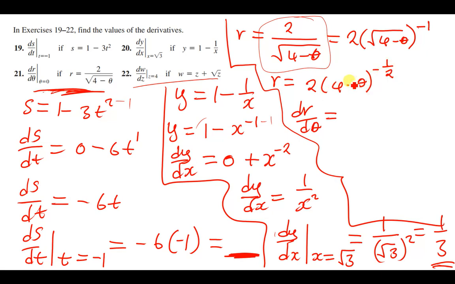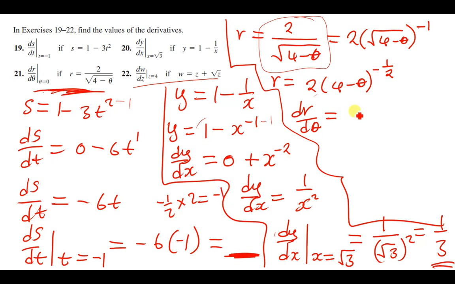We use the shortcut for the chain rule, which is similar to the power rule. You multiply the power by the coefficient of what you have there. So negative half times 2 gives us negative 1.